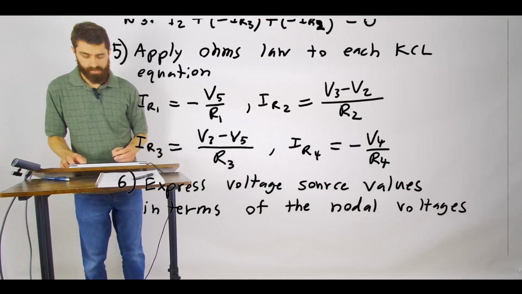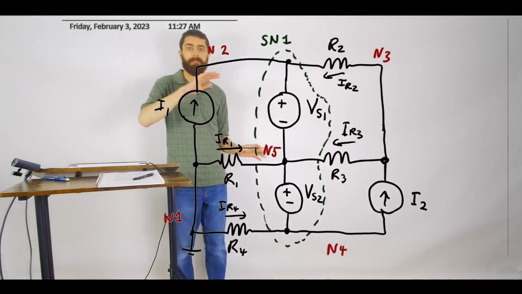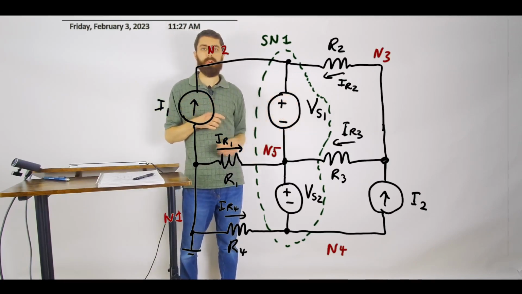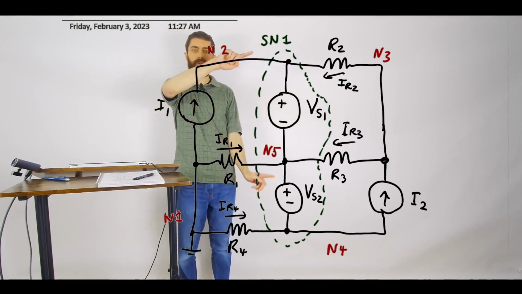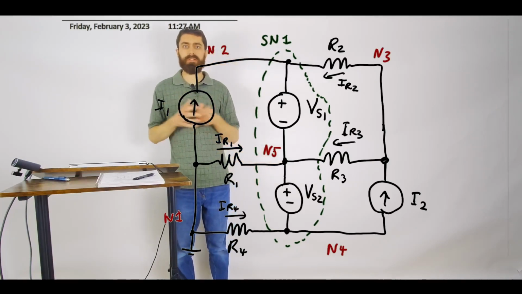So if you look at the voltage sources we have here, this voltage here, Vs1, has to be equal to the difference in voltage between the two nodes that it's connected to, right?